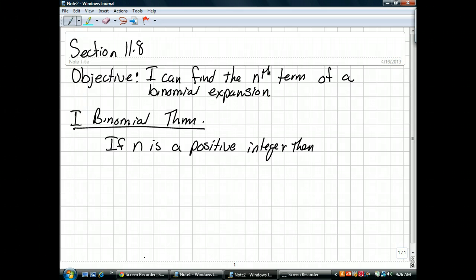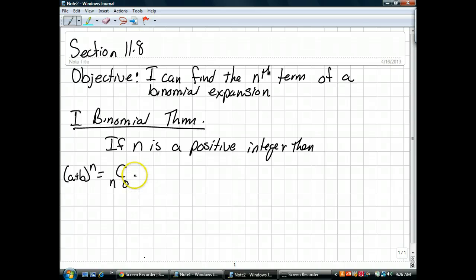So it turns out that there's something called the binomial theorem, which allows us to expand a binomial using combinations. It says this: if n is a positive integer, then any binomial to the n power can be expanded by using combinations by term number.